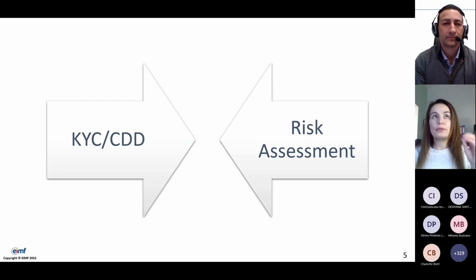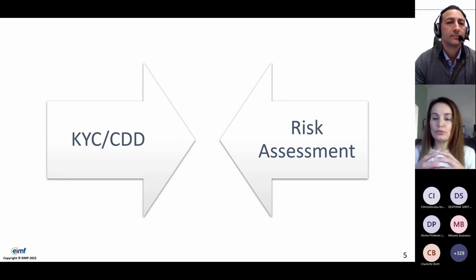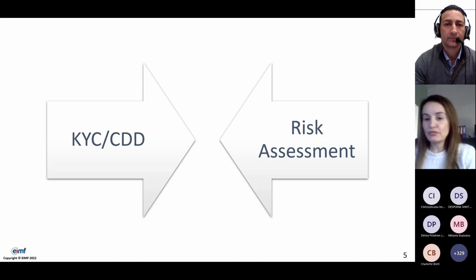So what's the purpose of this slide? We don't conduct KYC and CDD first and then risk assessment, or first risk assessment and then customer due diligence. We are using information from one to do the other. Meaning, to perform a risk assessment, I need information that I obtain from the client as part of the customer due diligence.